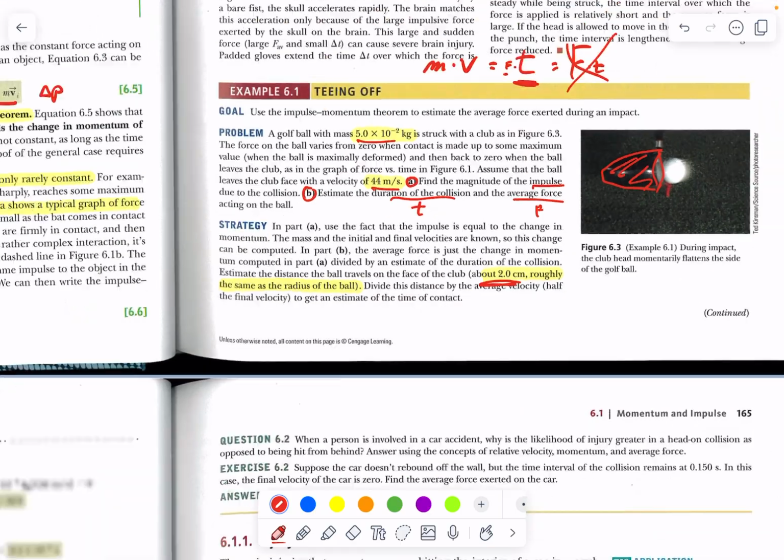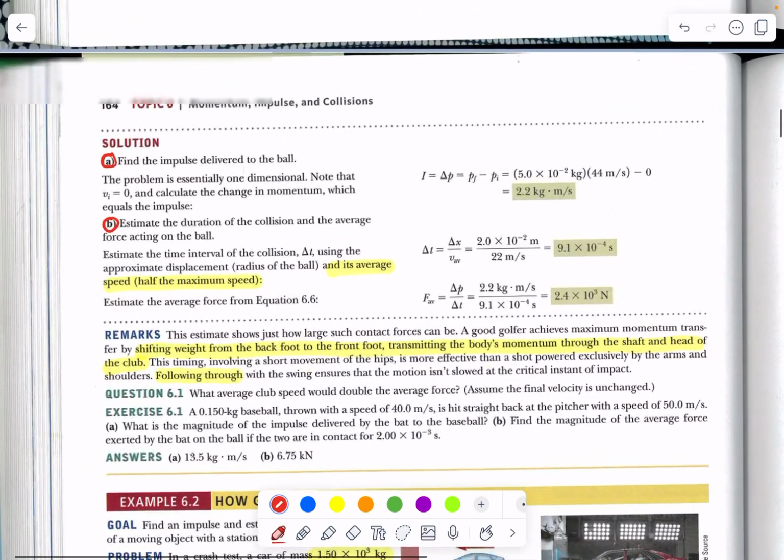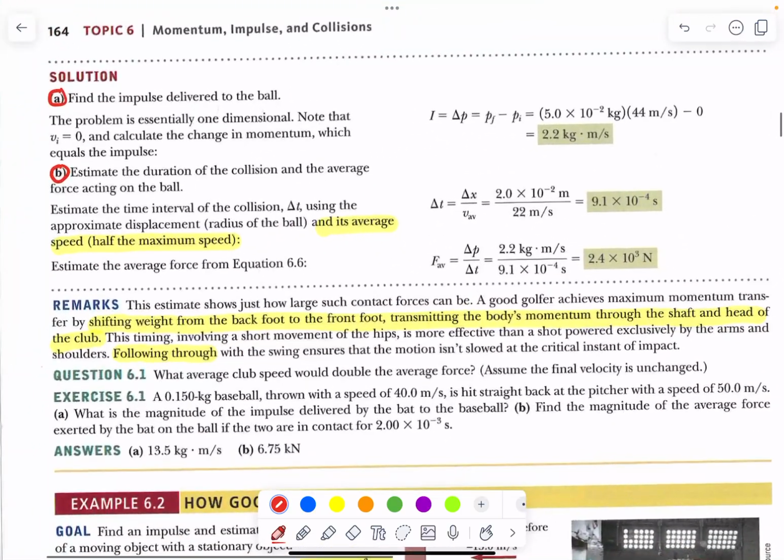So when we come over here, we see that my impulse is going to cause my change in momentum. And my change in momentum is going to go from maximum to 0. So my change in momentum is going to be 2.2 kilograms per meter per second.